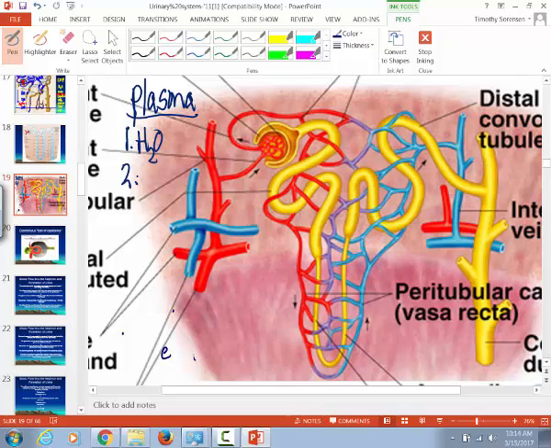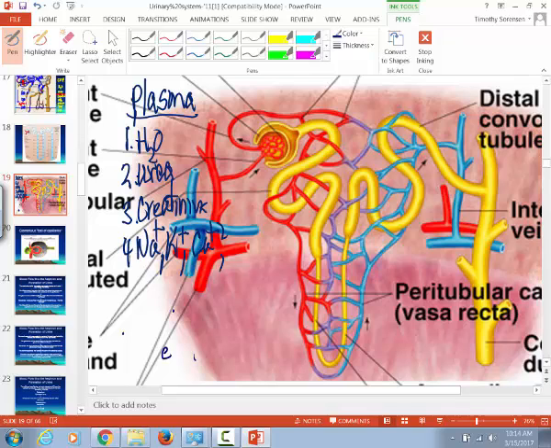There's urea in there, right? And then there's creatinine. And then there's sodium, potassium, calcium, magnesium. I could go on, right? Chloride.